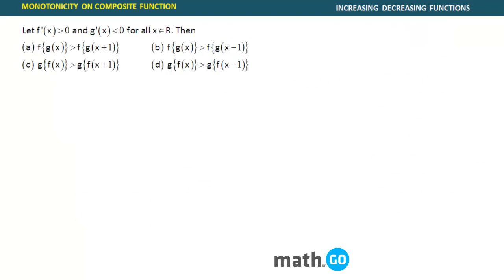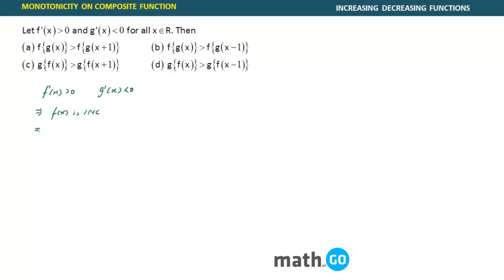Okay, so the next problem says that f dash x is greater than 0 and g dash x is less than 0. Right, these two things are given to you. So when f dash x is greater than 0, what I can imply from here is that f of x is increasing, right?